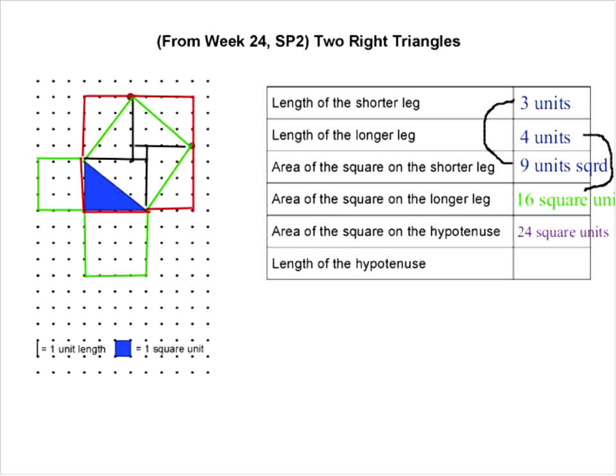Now, we don't have to actually figure it out, but I'll just explain to you what we're going to do. What you could do is figure out the area of this red rectangle here, and then subtract out the pieces that are actually not part of the square that we're trying to determine the area of, and that'll get you what's left over, which is what's inside. Does that make sense? Click on the happy face if that makes sense to you.